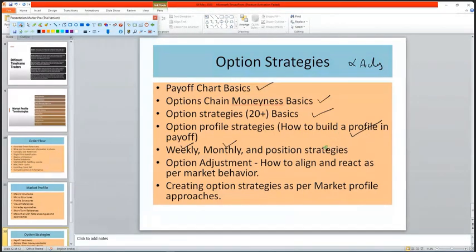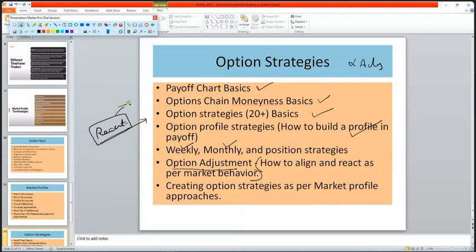And adjustments are very important: how to align the option strategies and adjustments, because the market is always reacting, right? There are a lot of strategies in the market, and a lot of mentors and trainers are providing them.